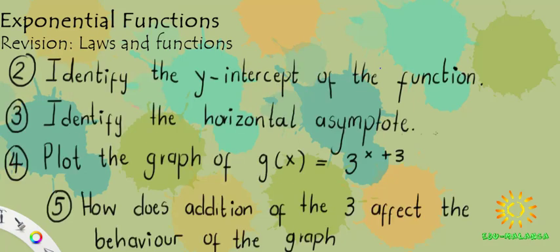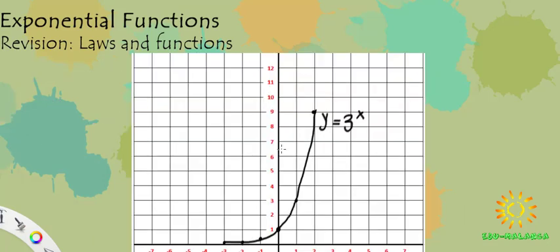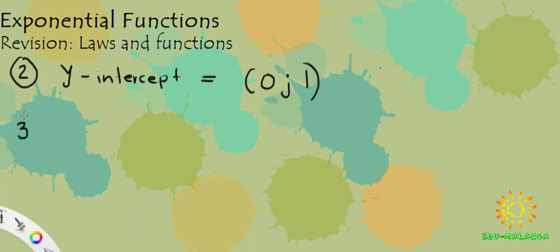The third question asks us to identify the horizontal asymptote of the function. Let's come back again to the graph. It's the best way to see these things. We can see that our graph is moving closer and closer to the x-axis. We've only checked the numbers up to negative 3. Let's see, for example, if we say f of x is equal to 3 to the power of negative 6, what is the answer?